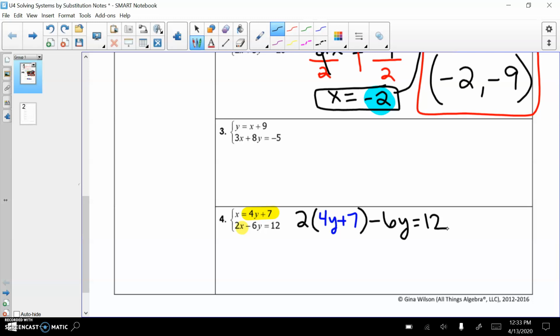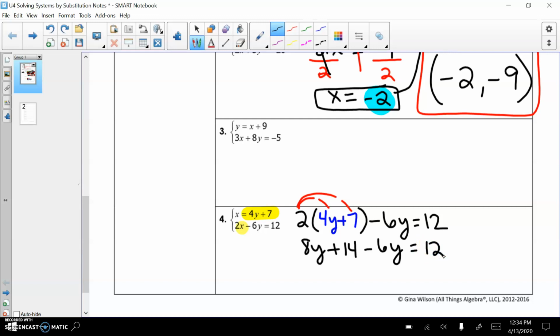This is just a multi-step equation. You need to take your 2 times your 4y, so that's going to give you 8y. And then you're going to do 2 times a positive 7, and that's going to give you 14. And then you're just going to bring down the 6y and your 12.